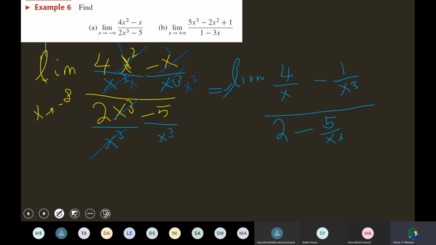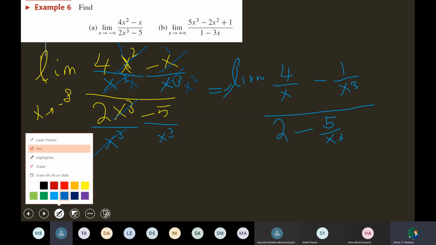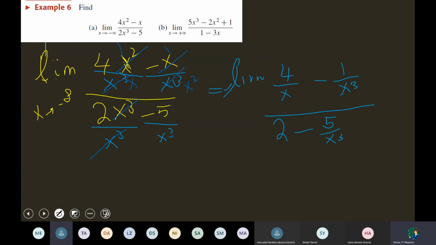So here I just simplify the answers. Is it clear? Yes, miss. Teacher, it should be 1 over x squared, right? Not x cubed. Yes, thank you. Here it's squared. Then I will now evaluate x as negative infinity instead of x.